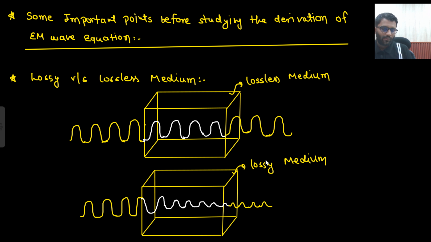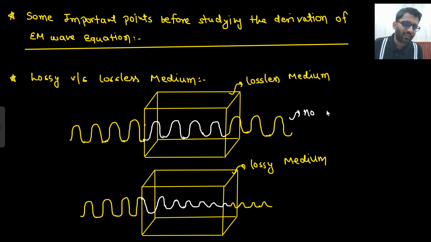Now we are going to study the derivation of EM wave equation, but before that we need to understand a few points. So what do you mean by lossy medium or lossless medium? Lossless medium means this box I have made is a lossless medium. My EM wave was coming. When it went through this lossless medium, there was no attenuation.